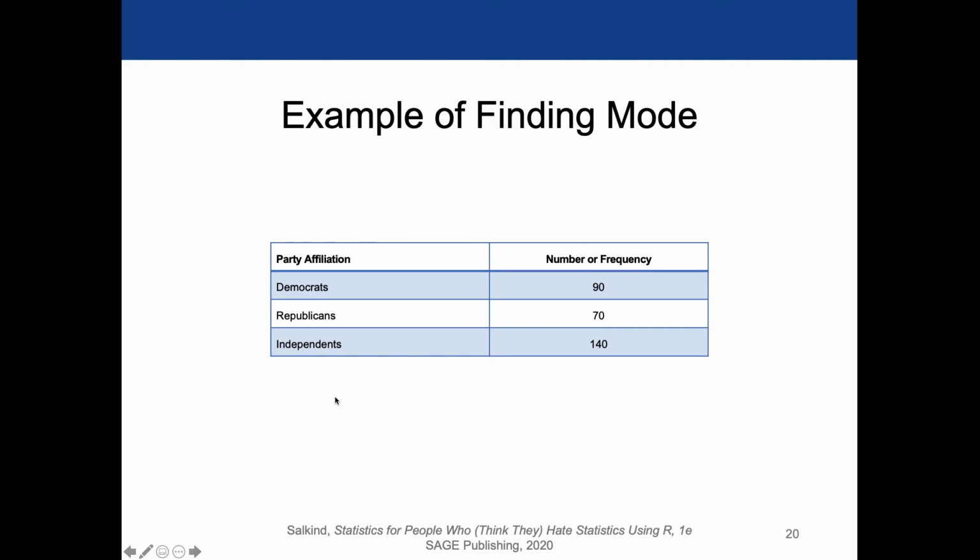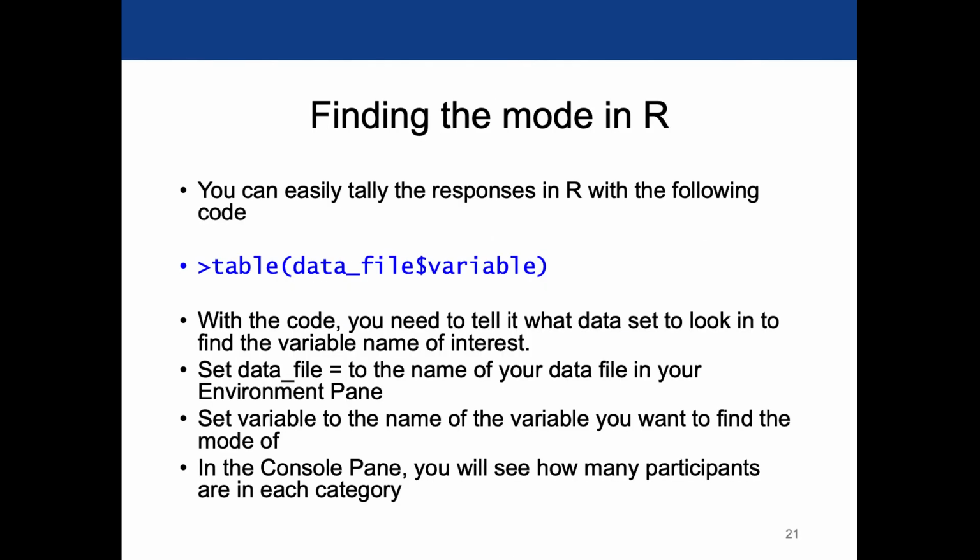You would say, oh, the most often political affiliation here is the independents. That's what we see the most often. And then I'll show you how to calculate this in R as well. So be sure to look at the R video that explains how you make these tables, like what we just saw here, but in R, so that it does it for you nice and easy.